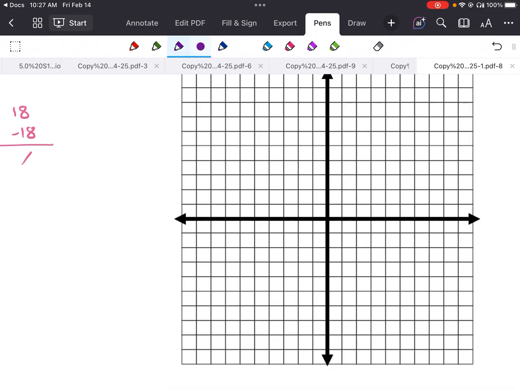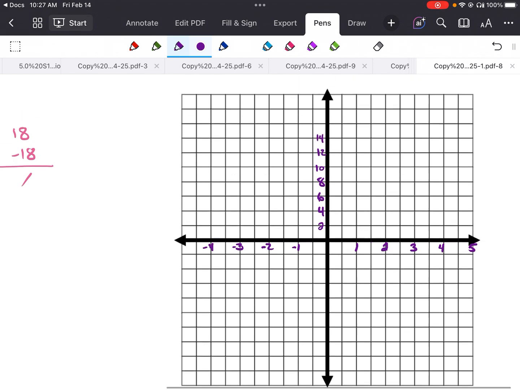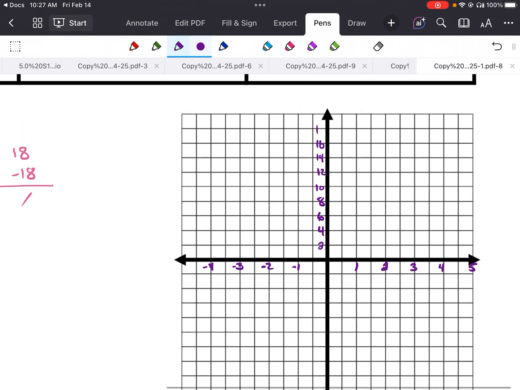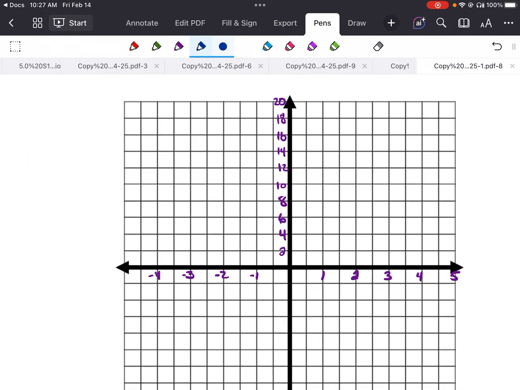For the sake of the graph, I'm going to make it so every 2 lines is 1. And on my y values, I'm going to go up by 2s because we have to get all the way up to 18. Okay, good. So now we can start graphing.